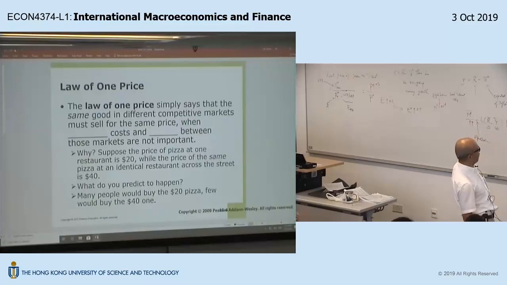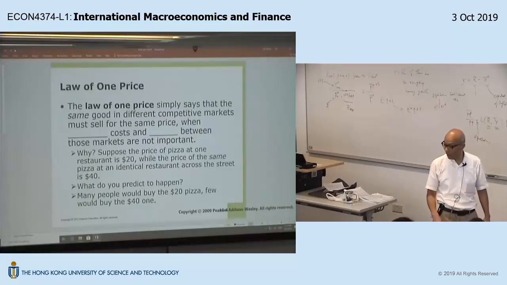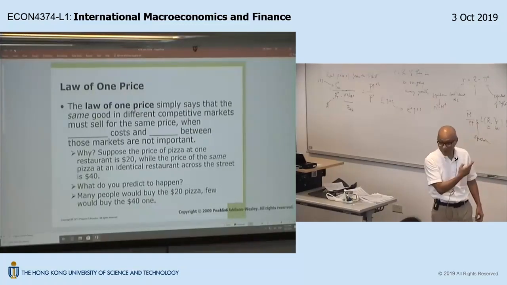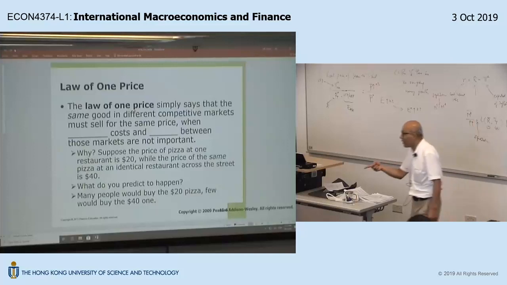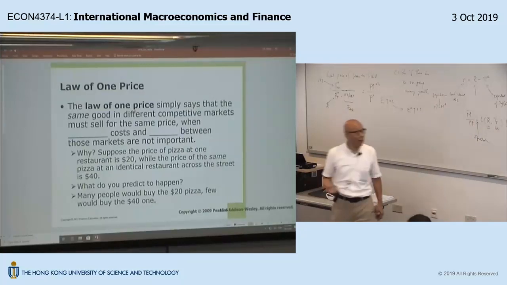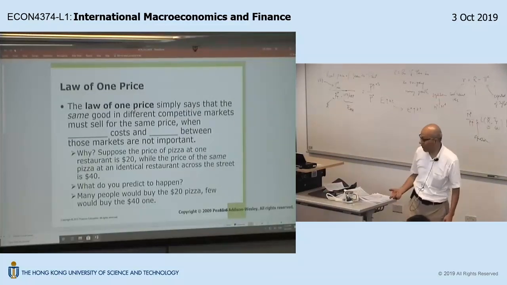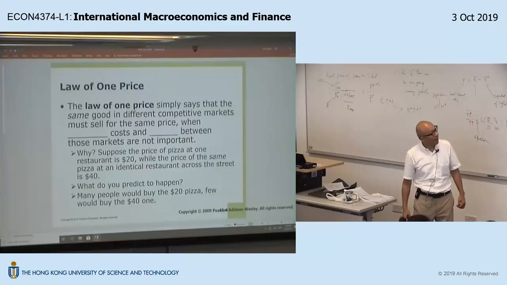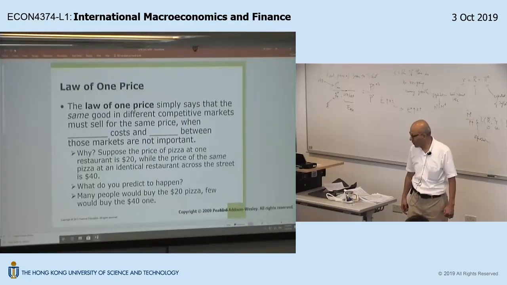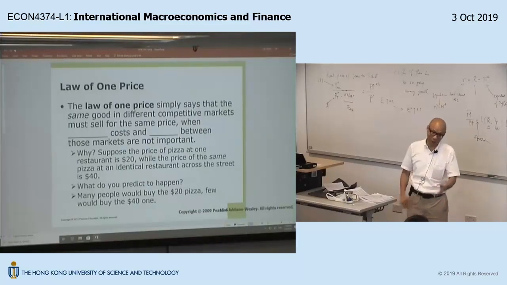Production cost? No, I don't think production cost should be there. Transaction cost, I think, should be a good answer. But there are two things here. And what? Tariffs? Oh, okay, fine. How about transport costs?